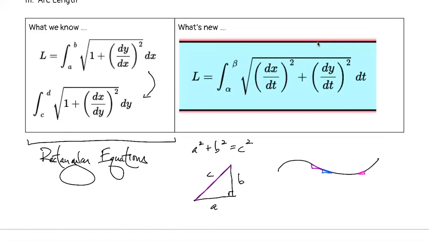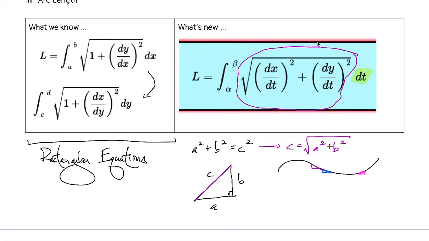Well, the dt at the end really means I want tiny, tiny, tiny triangles, okay? This part right here is really saying c equals the square root of a squared plus b squared.